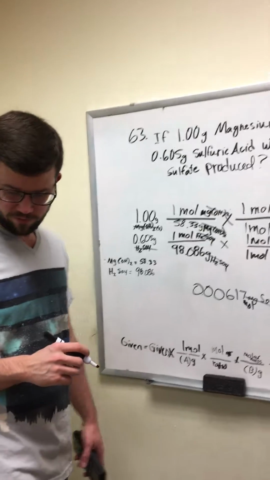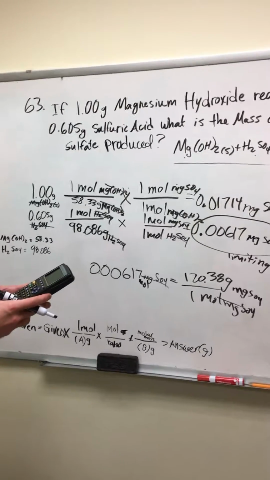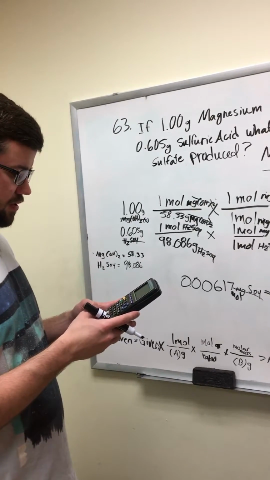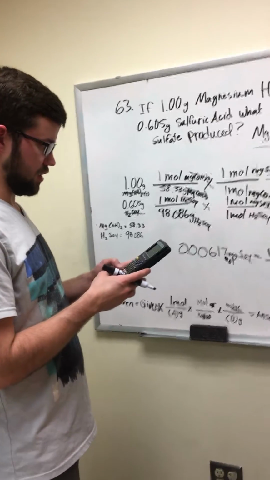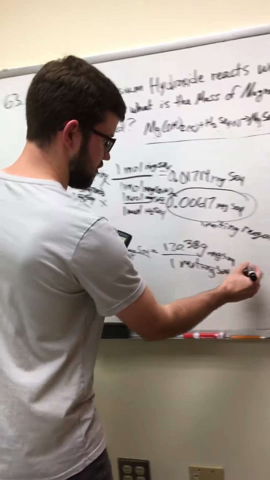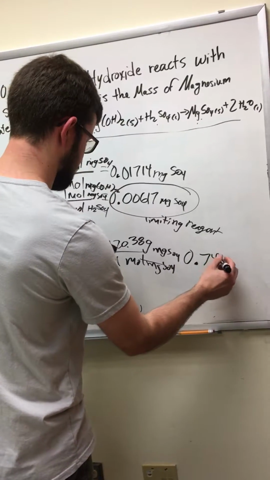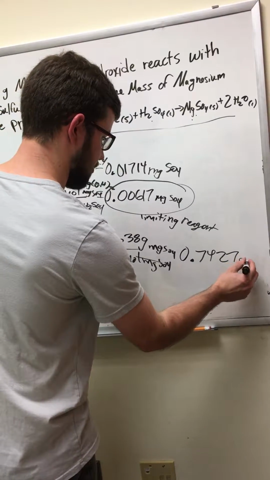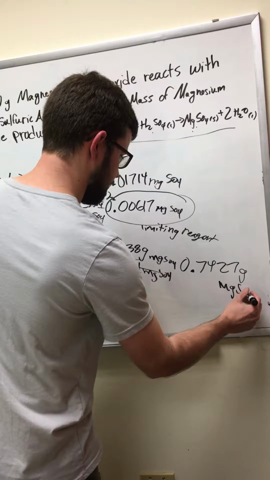So we have 0.00617 times 120.38, which gives us 0.7427 grams of magnesium sulfate.